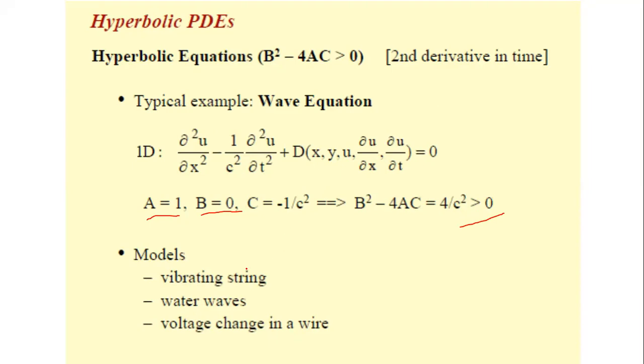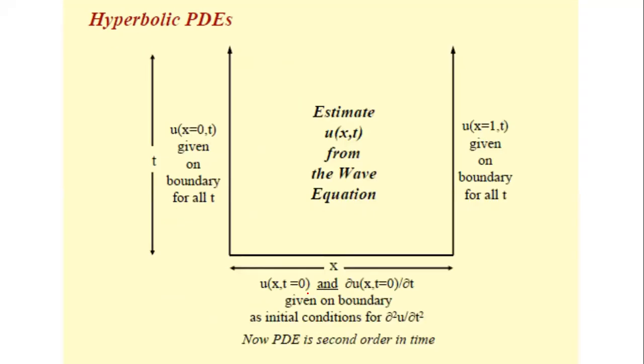Using these hyperbolic equations, we can model vibration of a string, water waves, voltage changes in a wire. And in this case also, you can have initial conditions: the initial condition of the function at t equal to 0 and the initial condition of the time derivative at t equal to 0.